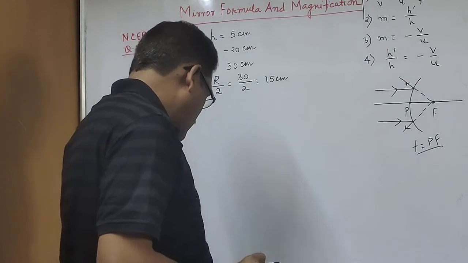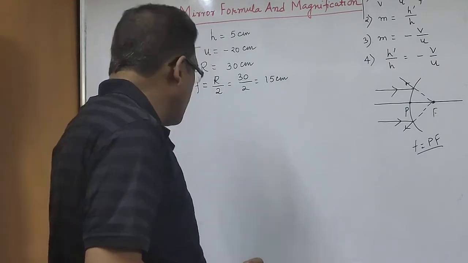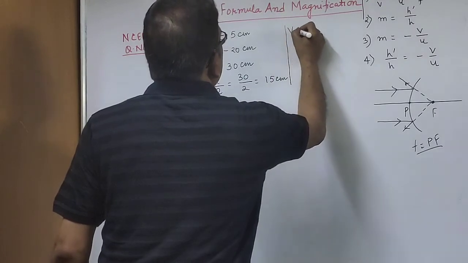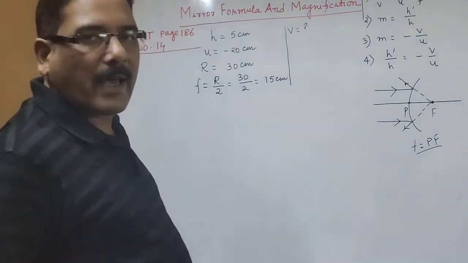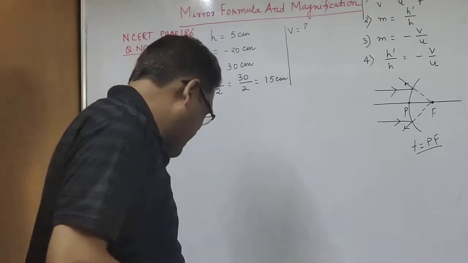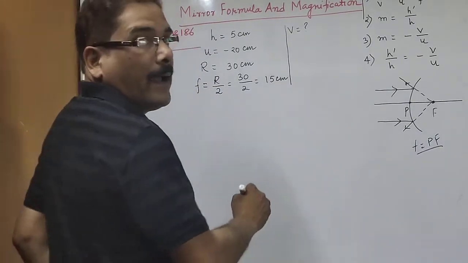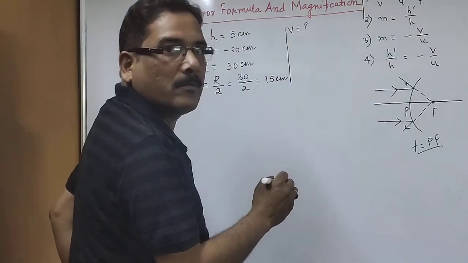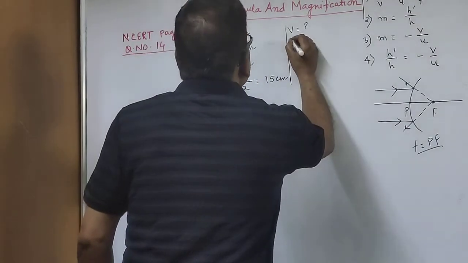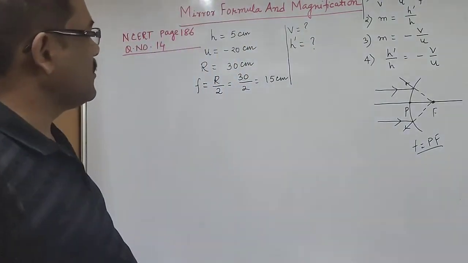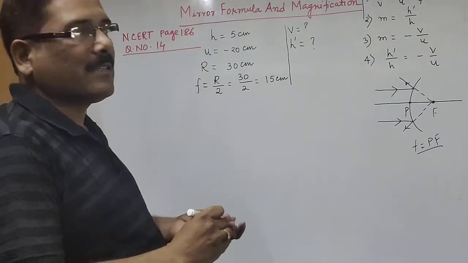Now what do you have to find out? Find the position of image, it means we have to calculate v. So we put a question mark against v. Its nature, and size. As you know, it is a convex mirror.